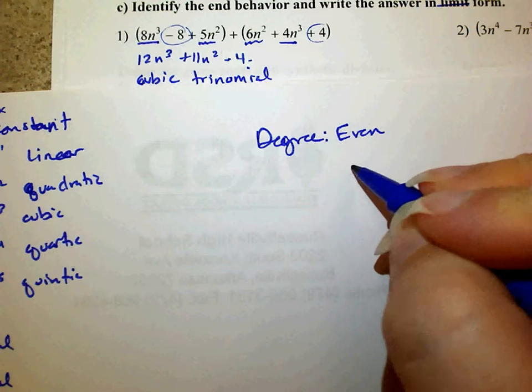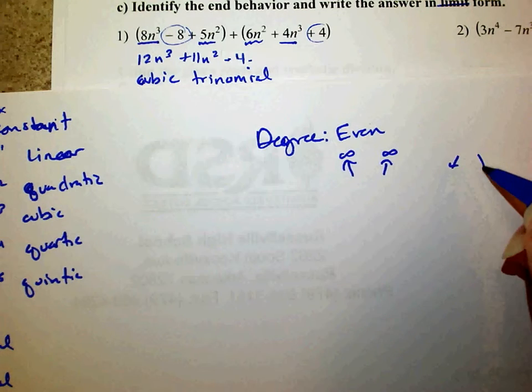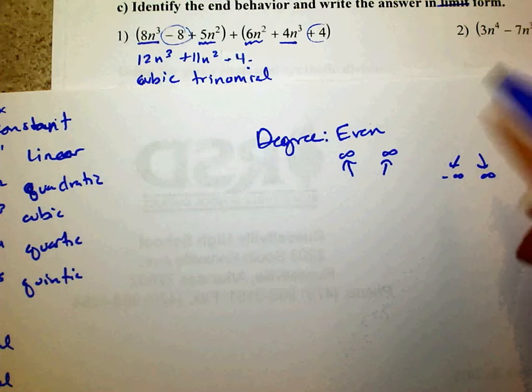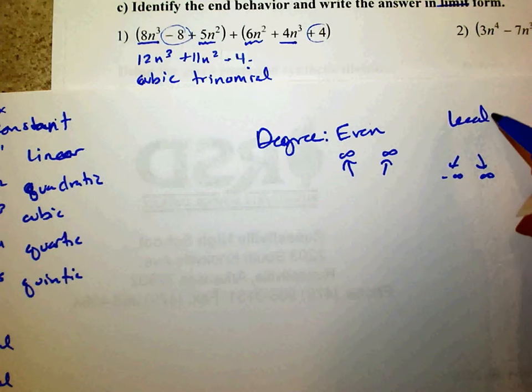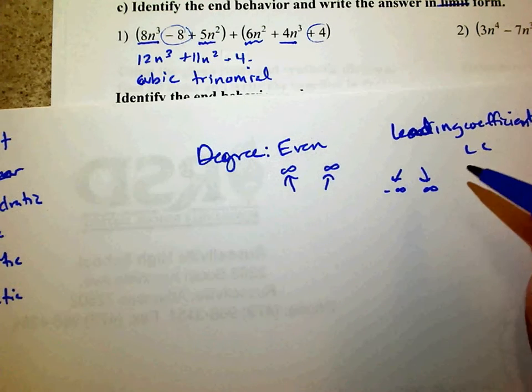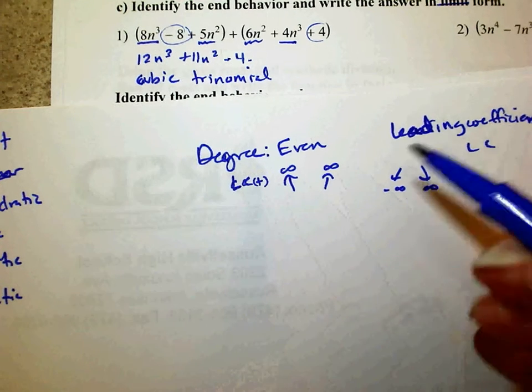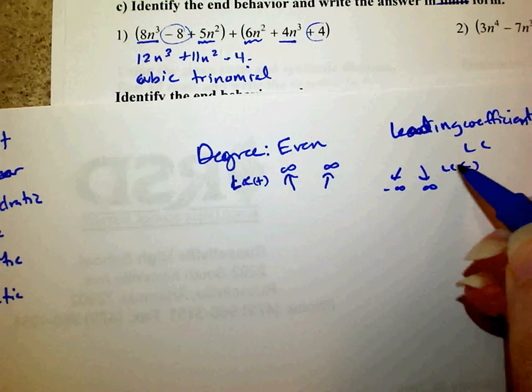They either go up and up, so both positive infinity, or they go down and down, negative infinity. And what that depends on is the leading coefficient, and that's the number in the front. So the leading coefficient, or the LC. So every time I write LC, I'm referring to the leading coefficient, okay? So if the leading coefficient is positive, then they go up, up. If the leading coefficient is negative, then they go down, down.